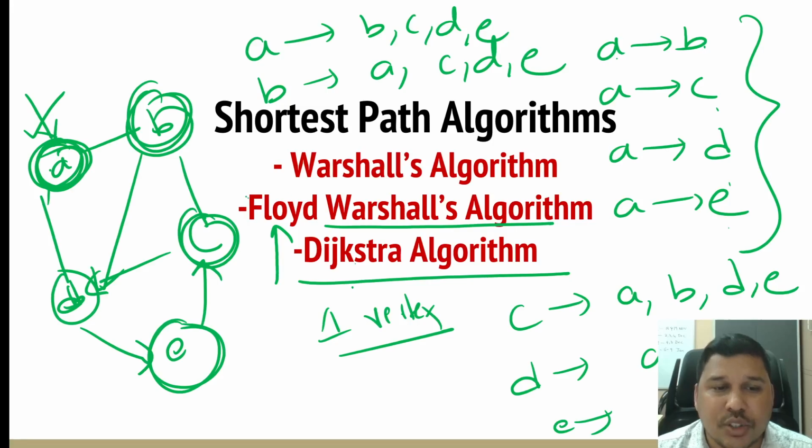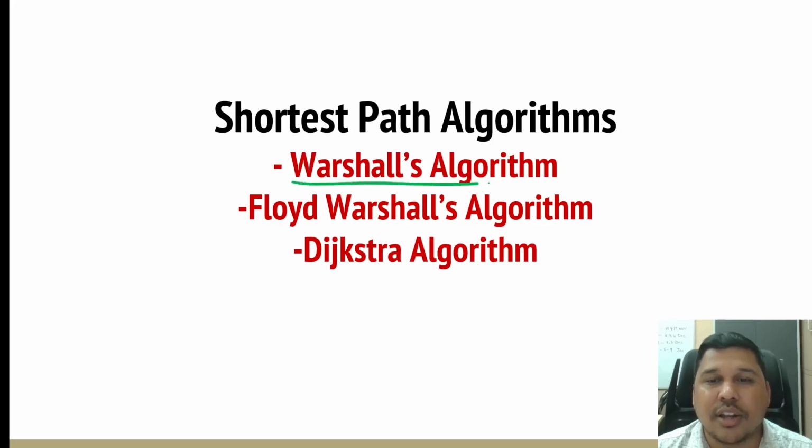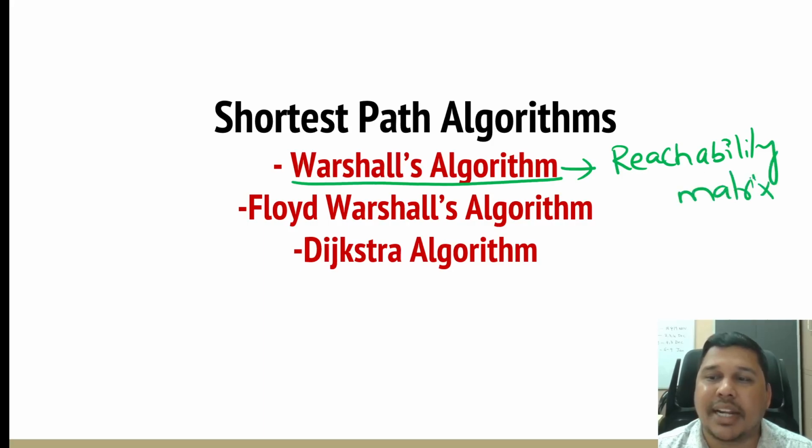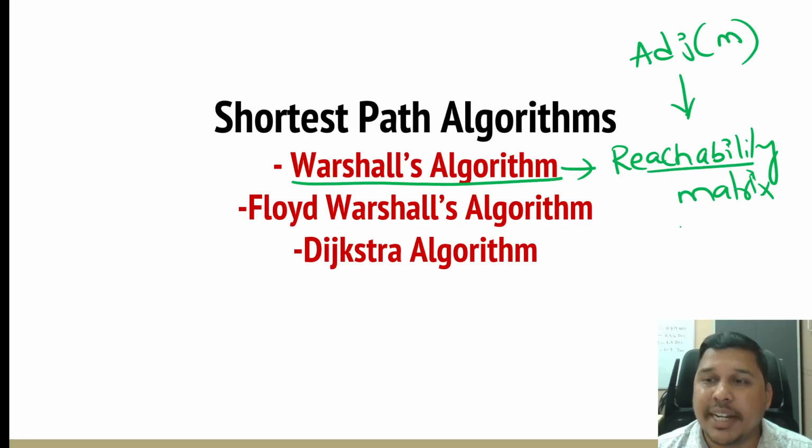Before this, Warshall's solution was proposed first, then an updated or modified version of Warshall's algorithm gave us the shortest path. In fact, Warshall's algorithm is just to give us the reachability matrix. It will take the adjacency matrix as the input and give us the reachability matrix.